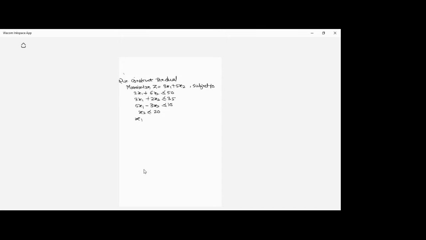Here x1 greater than or equal to 0, and x2 greater than or equal to 0, right?